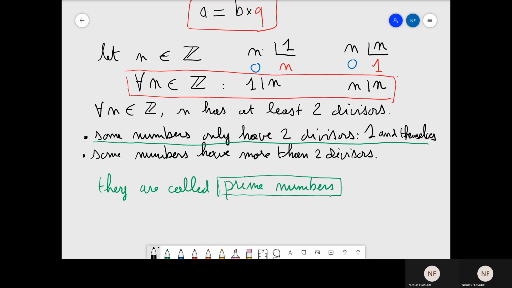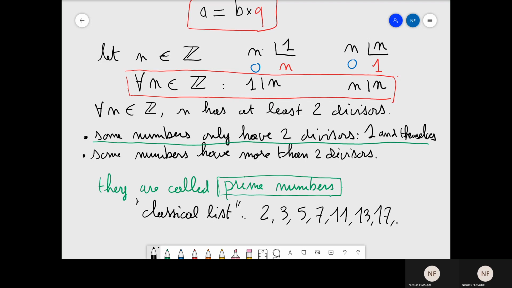The classical list of prime numbers is 2, 3, 5, 7, 11, 13, 17, 19, 23, and so on. You should know all those prime numbers by now.